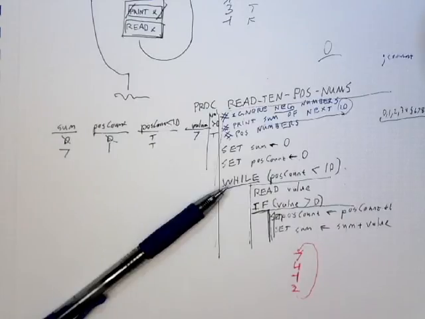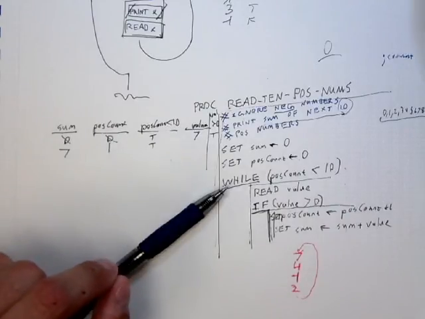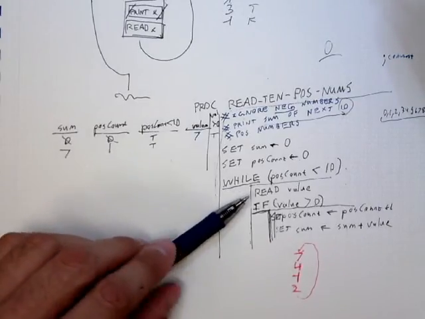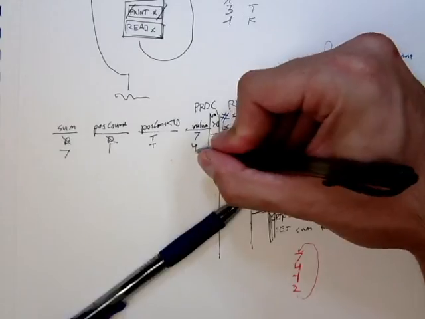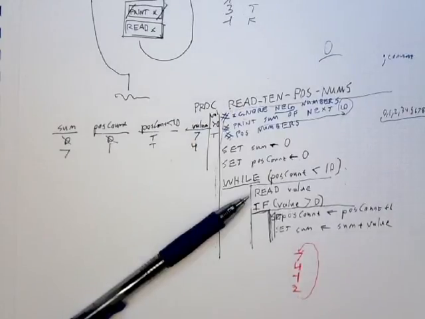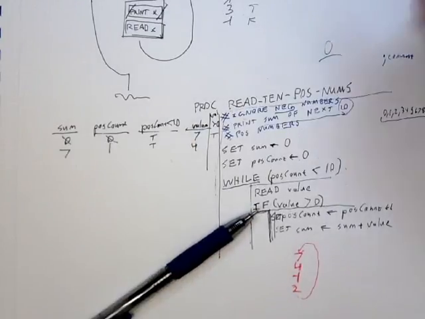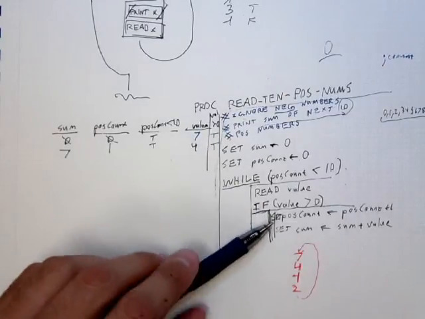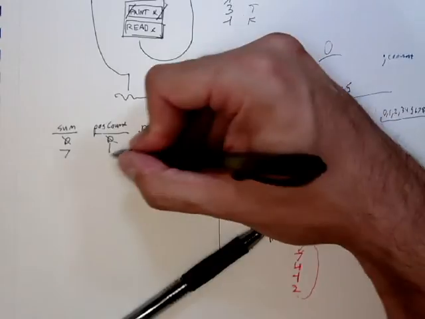This is going to take a while. I might stop talking and then start playing this faster, but I'm going to continue to talk through a few iterations. We're going to read in value, so we get a 4. And if value is greater than 0, is 4 greater than 0? That's true. Then we're going to set the pos count equal to pos count plus 1.